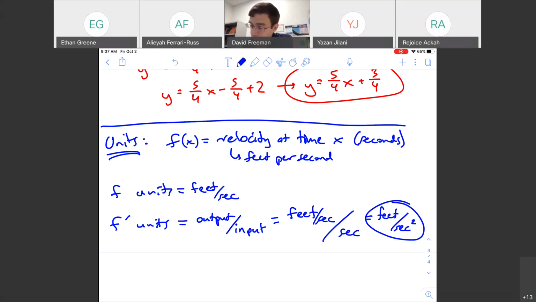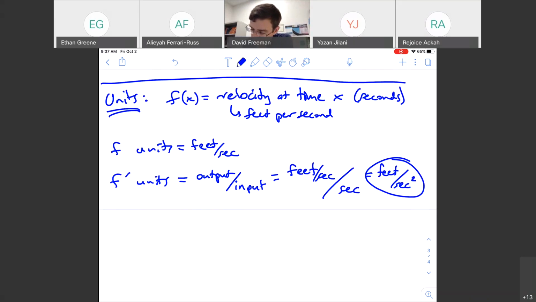So if this was velocity, the velocity units would be feet per second. Well, the derivative of velocity, if we're talking about physics, is acceleration.